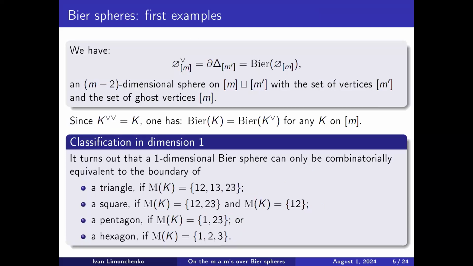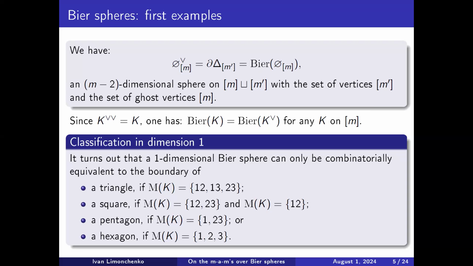And of course, when we consider the first examples, we already see that this Bier sphere can have ghost vertices. For example, you can take the boundary of a simplex, and its dual will be an empty simplicial complex, a complex in which each vertex is a ghost vertex. If you consider the deleted join, then it will remain the boundary of a simplex on [m] vertices.